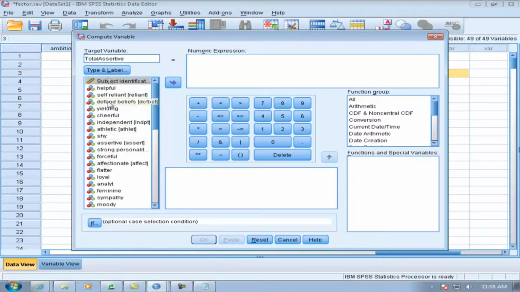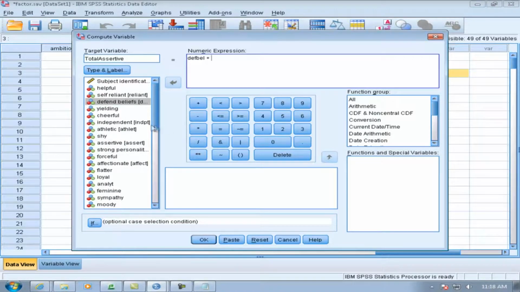The very first factor going down, and you circled the ones that are greater than 0.40. Defends beliefs. Oh, right here. Okay, thank you. Okay, do you see what I did? I clicked on this. I'm going to move it in here like this. Then I'm going to click on plus.